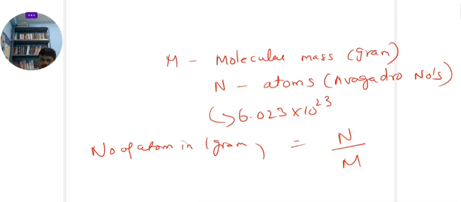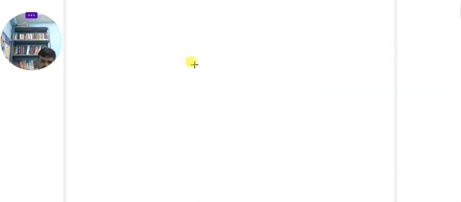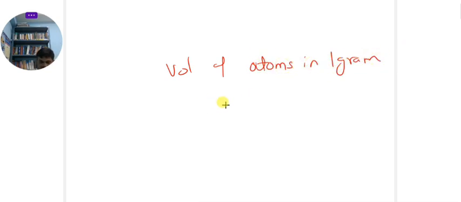Now I am going to find the total volume, that is, the volume of atoms in 1 gram. Already I told you, N by M is the number of atoms in 1 gram.